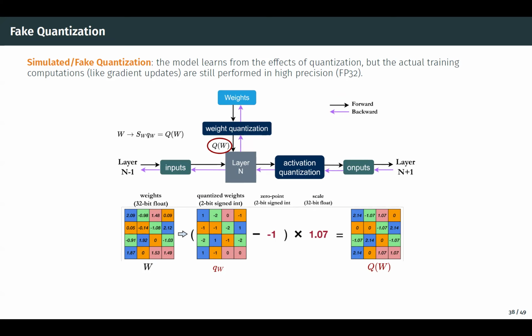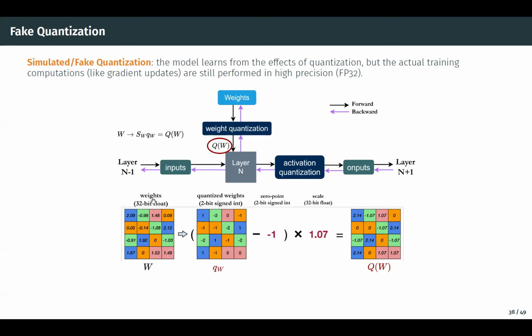So for that reason, we have what we call fake or simulated quantization. When we are doing quantization-aware training, we represent all the values in floating point rather than in discrete points, but they are actually learning the effect of quantization. Fake quantization means you quantize using the chosen parameters and then dequantize them back to floating point, so you are taking the quantization process into account.